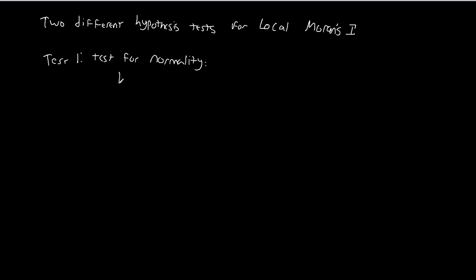All right, so our null hypothesis is that the local Moran's I values are normally distributed. That's what we're hoping to reject. You might be saying, why would we want to reject this? Most of the time when we test for normality, normality is a good thing.